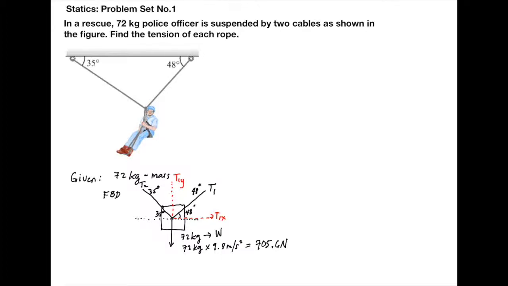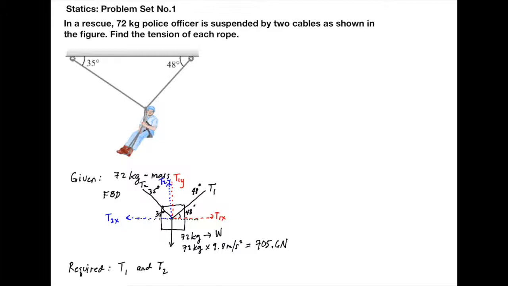Next, we also have the T2 or the tension 2, and the horizontal part will be labeled as T2X, and the vertical part will be labeled as T2Y. So what is now the required in our problem? The required in our problem is tension 1 and tension 2.